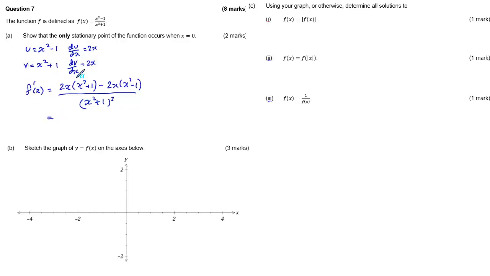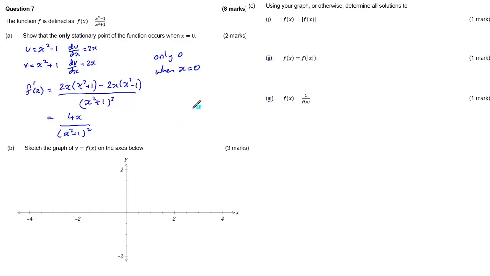Now if we think about the top, we get 2x cubed, add 2x, and then here we get minus 2x cubed plus 2x, so that's going to end up being 4x over (x squared plus 1) squared, and that's only 0 when x is equal to 0.